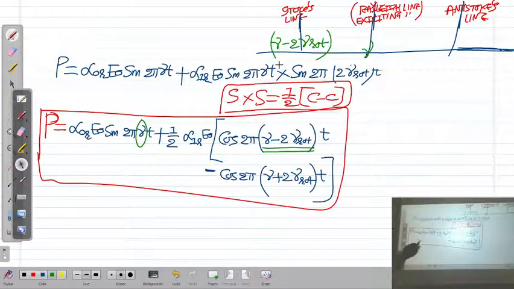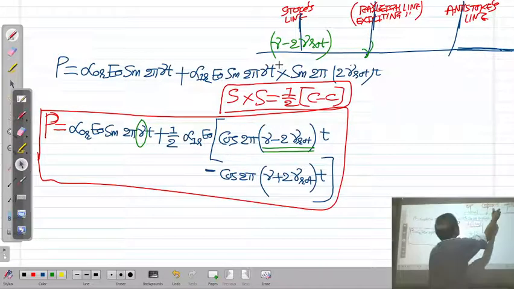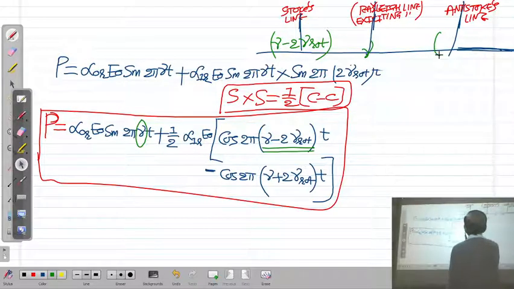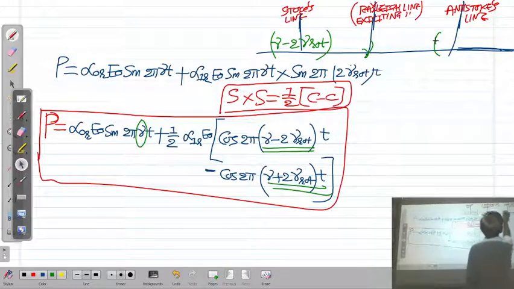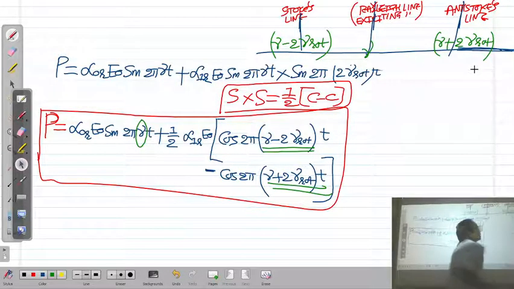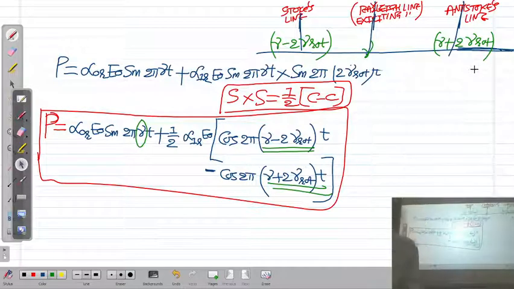And we get an anti-Stokes rotational line at frequency nu plus 2 nu rho.